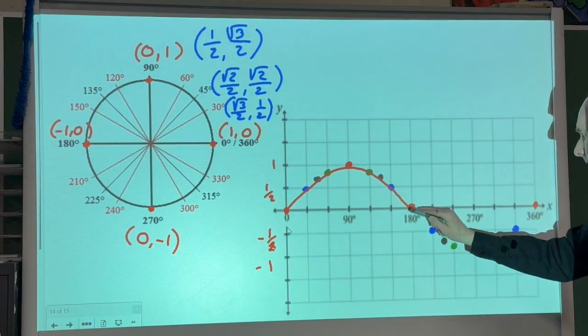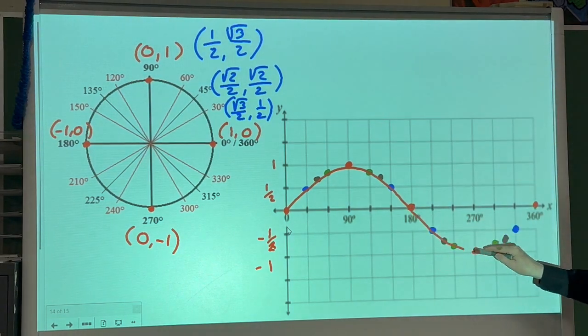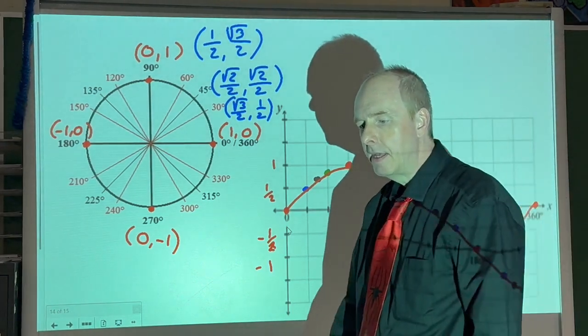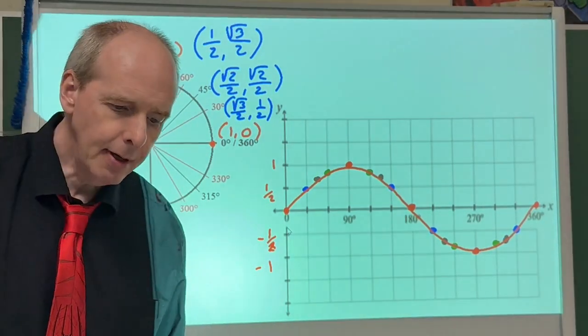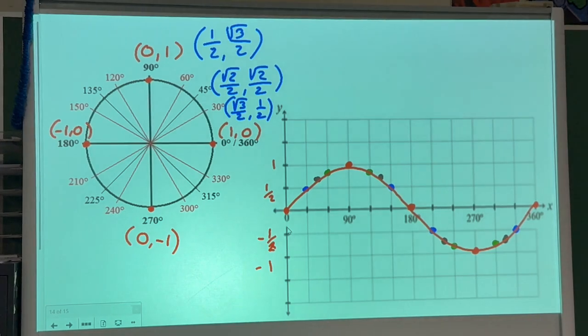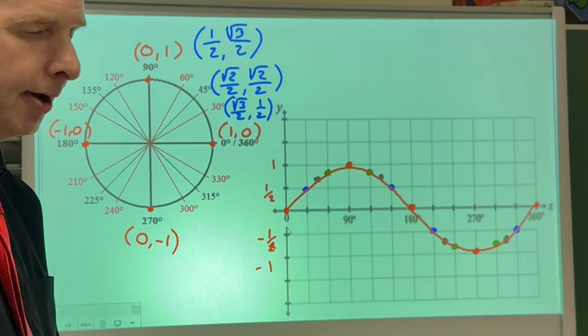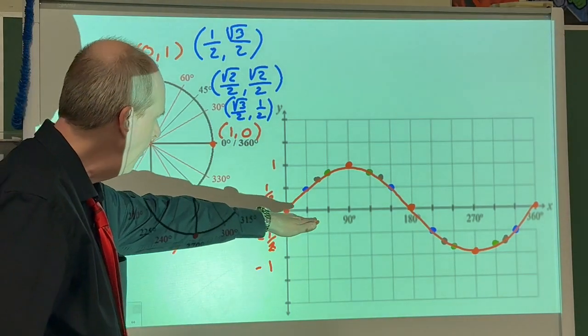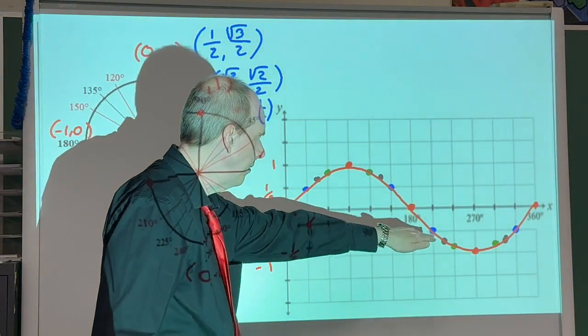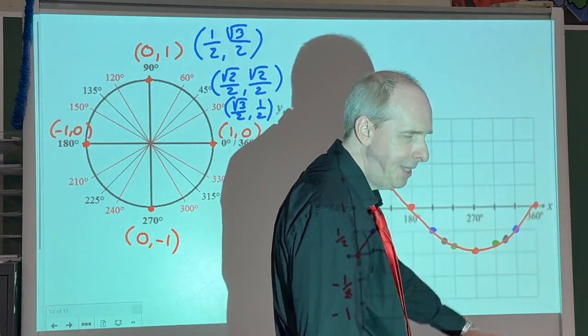Here's your graph of sine. Now, when you guys are doing it, we don't typically use all of those. The ones we use are the ones in red. We use 0, 1, 0, negative 1, 0.